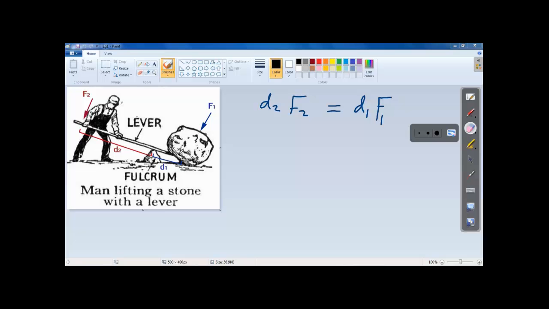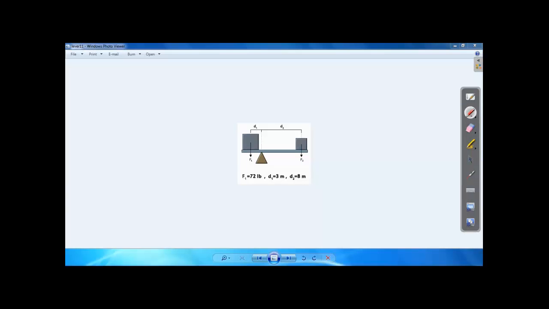Let us see an example of this relationship. As we can see in this picture, we have a lever relationship. The large force F1 is equal to 72 pounds, and the distance D1 is equal to 3 meters.